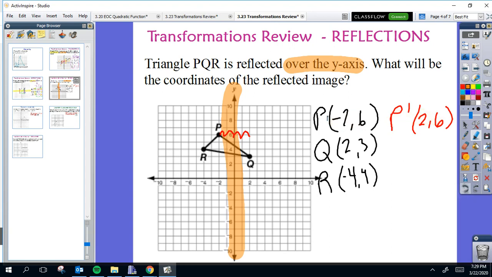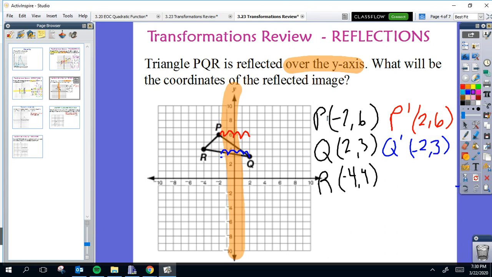Moving on to letter Q, it is 1, 2 from the y-axis. So in the opposite direction, I need to go an additional 1, 2. The value of Q prime is going to be negative 2, comma 3.